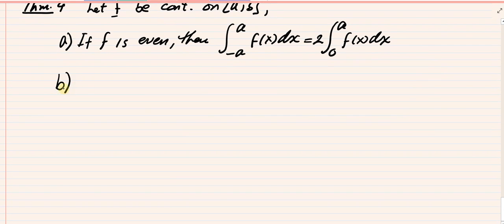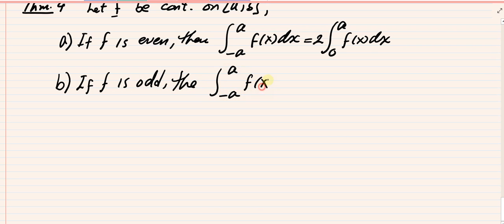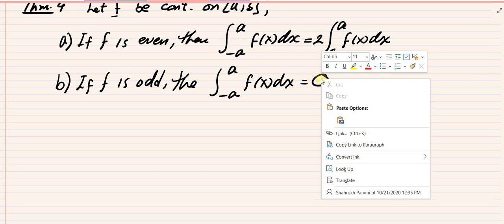In part B, if the function is odd, then the same integral from negative a to a is simply 0. I believe the proofs of these are in the book if you're interested in seeing them.